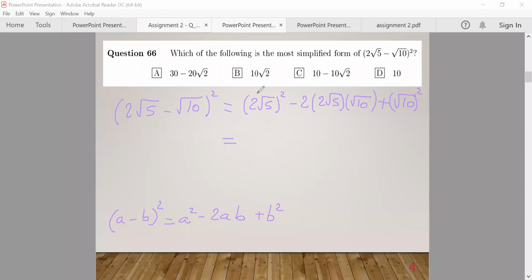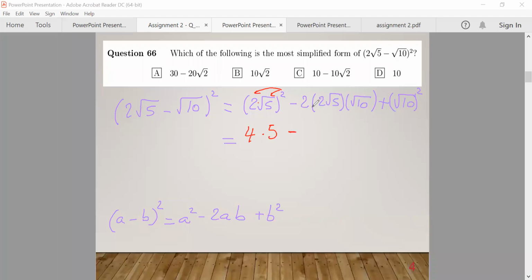Be careful here. We have parentheses, so square all of the term. A power can be distributed over multiplication and division, not over addition or subtraction. So we have 2 squared, which is 4, times square root of 5 squared, which is 5.